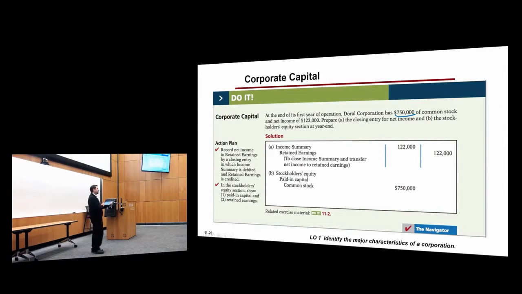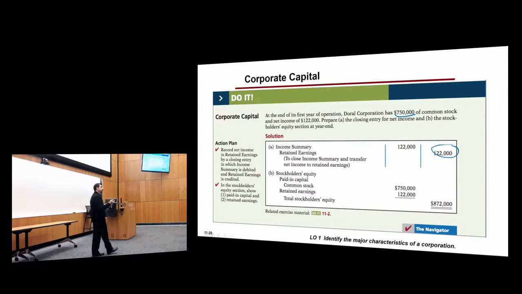Do we have another one? You could have, for example, paid-in capital in excess of par value. They didn't tell us about that. Then we have retained earnings. This is what we closed here, 122,000. Now, the total stockholders' equity will be the sum of those two. That's how you prepare it.